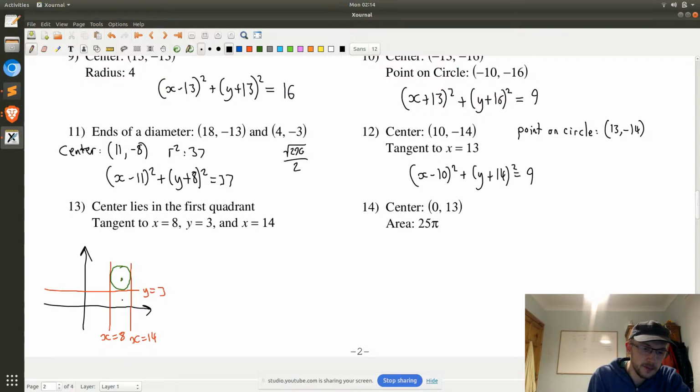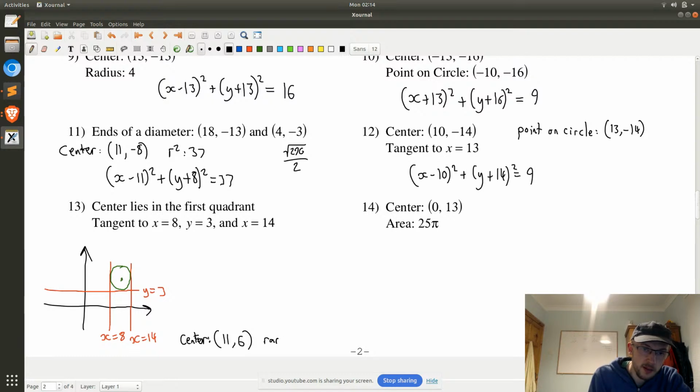So 8 and 14, that's 22. 11 will be the x coordinate of the center. As for the y coordinate of the center, well, the gap between them is 6, is it not? And therefore the radius is 3, and therefore it'll be 3 and 3, so 6. That's the center, and we need the radius.